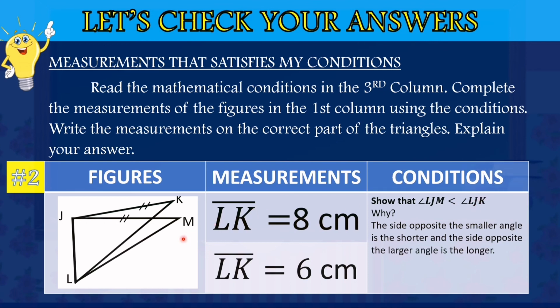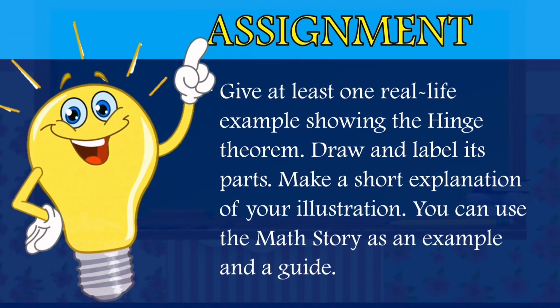So LM measures 6 centimeters and LK measures 8 centimeters. The reason is the side opposite the smaller angle is shorter and the side opposite the larger angle is longer. Item, that's the last item. Okay, you got it all correct.